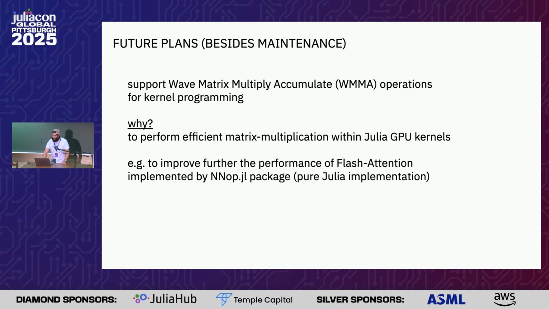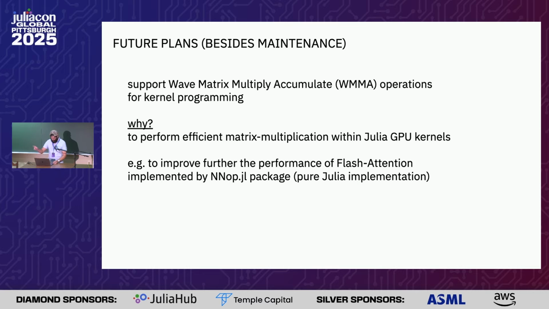That's awesome to see. Some future plans are supporting WMMA, basically being able to use built-in matrix multiply hardware and quantization hardware so that you can do these things in Julia kernels, which are very important for all kinds of machine learning and many other kinds of operations.